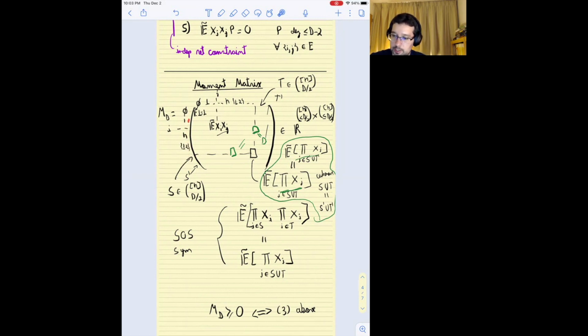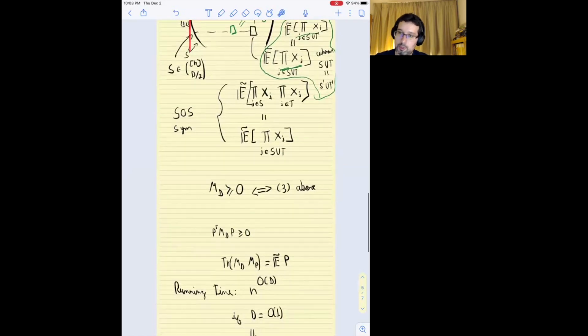This would be x1 all the way to xn, and 1, 2 would be x1 times x2. So you're representing this moment matrix in what's called the monomial basis, right? And if you have a polynomial, you can write down its coefficients in this monomial basis. So, variable x1, what is the coefficient, and so on and so forth. This is going to give us a vector, right?